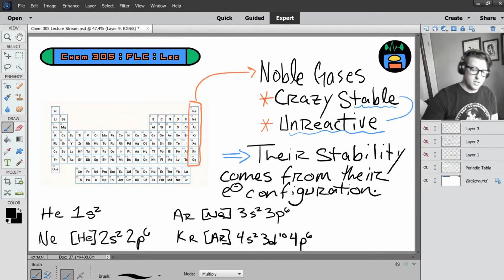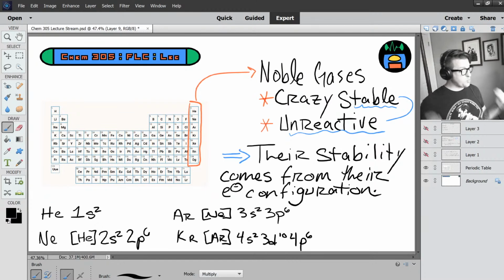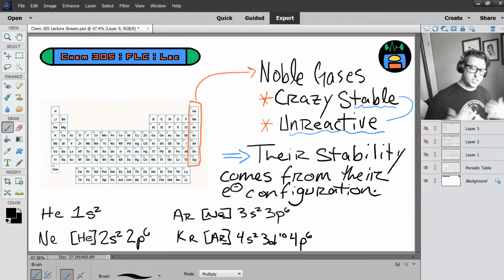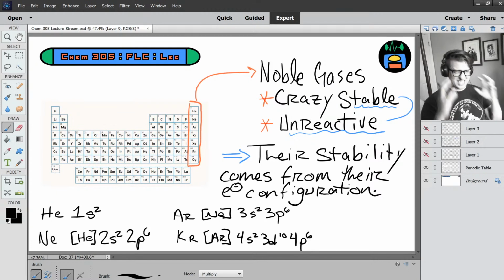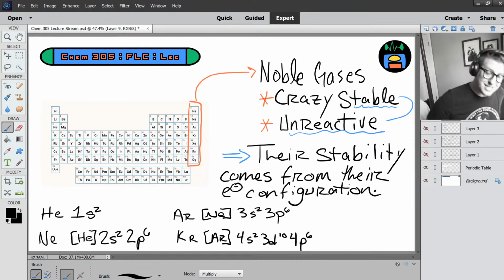Each shell with electrons in it is filled to the max, all right? And there's something incredibly stable about that, so much so that every other main group element wants to have the same electron configuration as its nearest noble gas, all right? And that is something we call the octet rule.